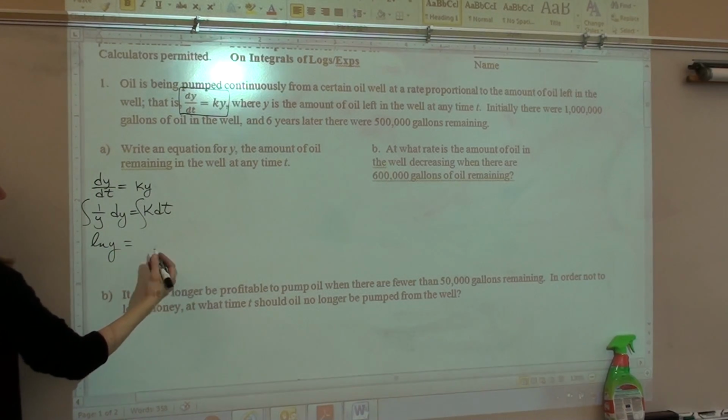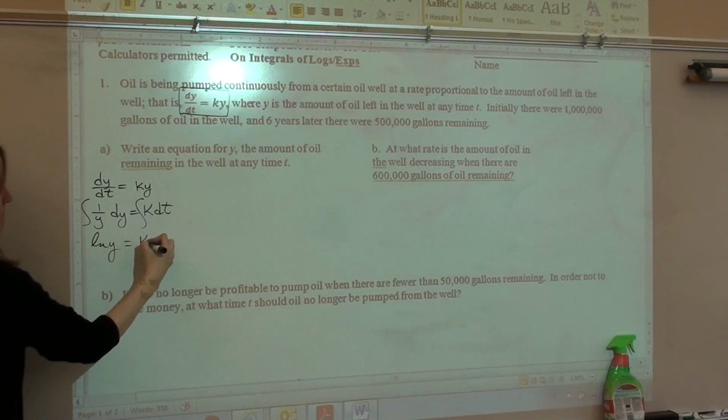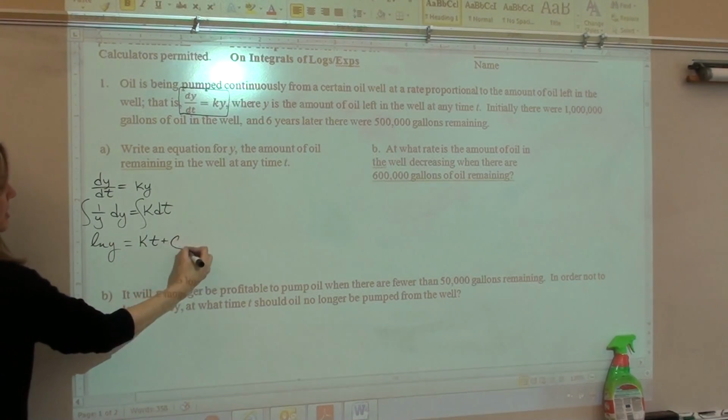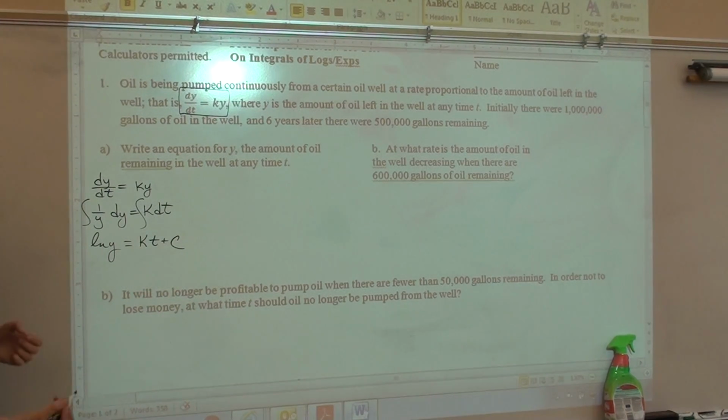The antiderivative of k dt is kt plus c. If you are forgetting to write the plus c with your differential equations, please stop forgetting that, because that's going to cost you more than just a couple of points. It'll cost you quite a few. Yes, plus C is very important.